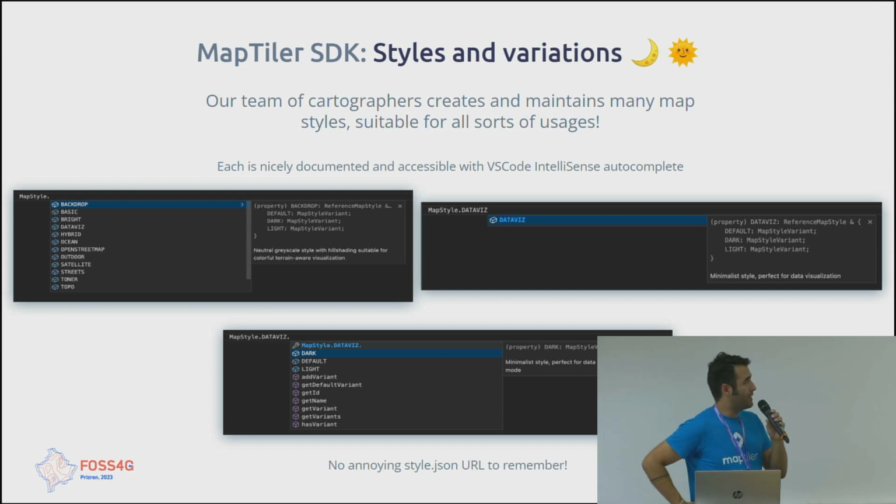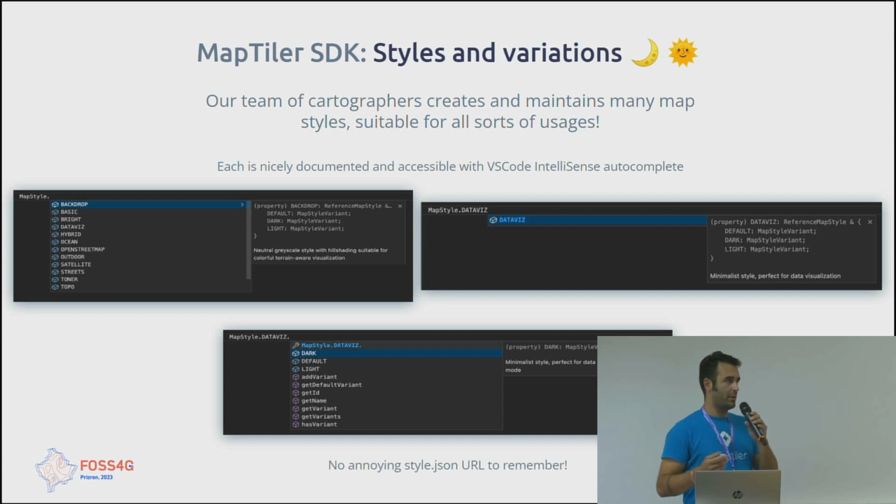So as I said, we have a team of cartographers and designers who are working on use cases. So whether they are internal or come from already existing customers, we are designing new maps. For example, the last one that was designed, they're all kind of blurry, is called backdrop. So it's a fairly minimal style for visualizing data.